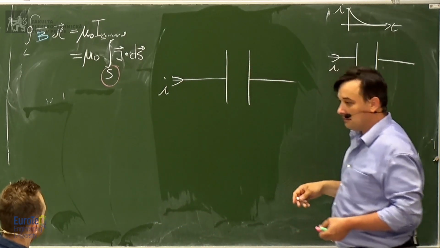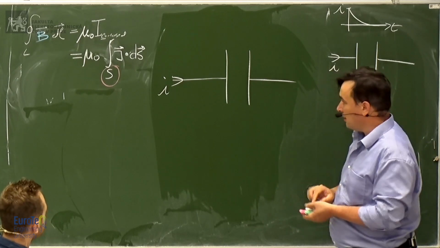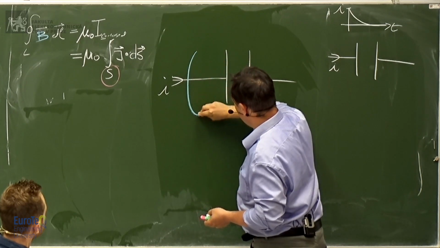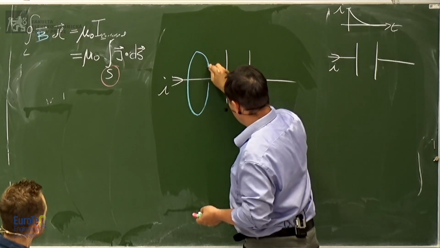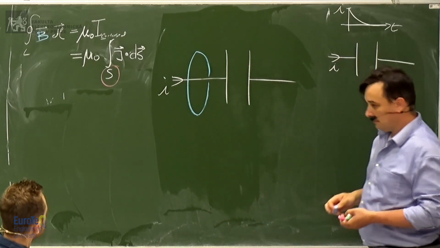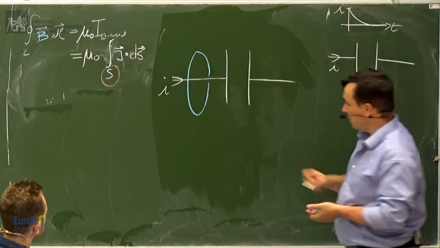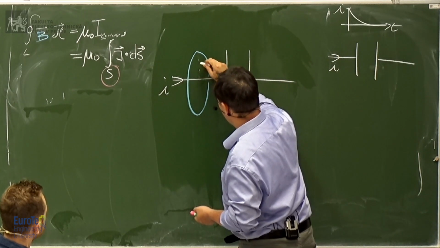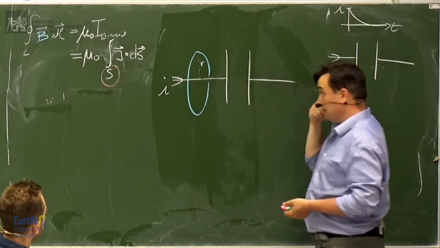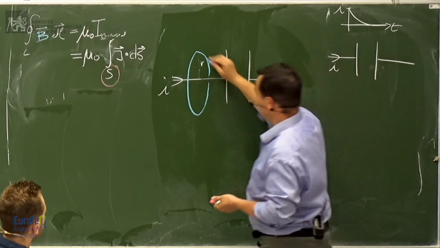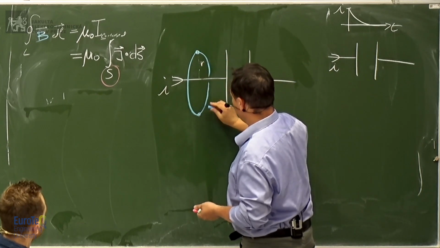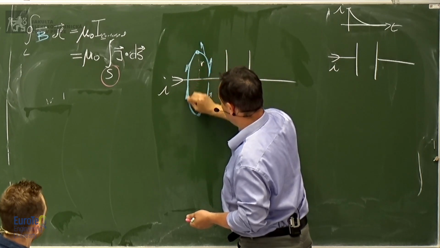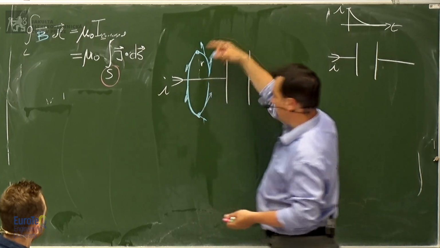Current generates a magnetic field. So I can say that I take a circumference like this, and the circumference has a radius r. So we are here, and the magnetic field will be tangential.